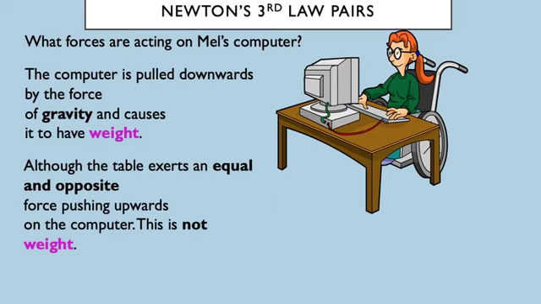So although the table exerts an equal and opposite force pushing upwards on the computer, the force that's pushing up isn't weight. So without the table, then yes, the computer would fall through, and the weight pushing down on the table causes a force, which would be a contact force on the table.